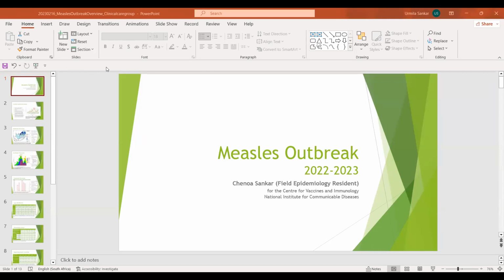We will test the throat swab and urine using PCR. We'll look for viral particles that have been excreted. And either is absolutely fine. It depends on what's easiest for you as a clinician to obtain.